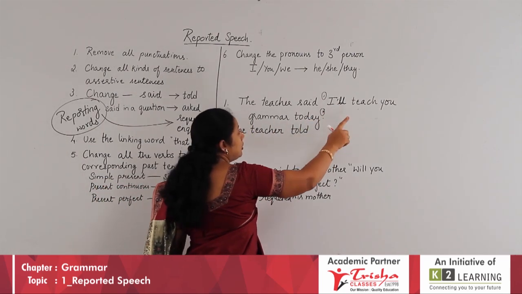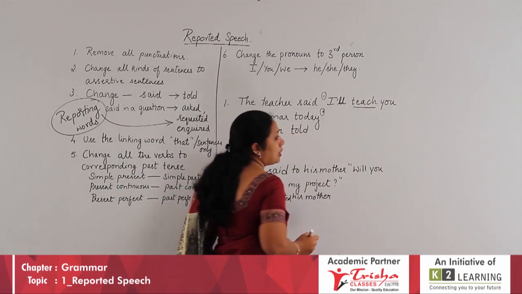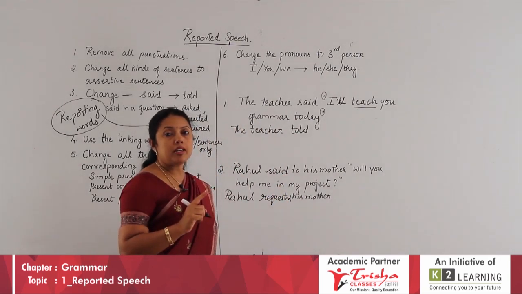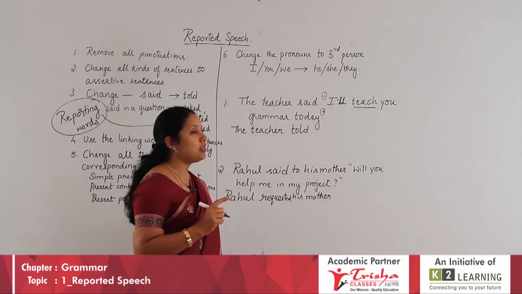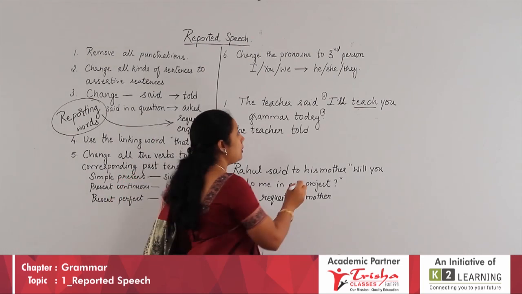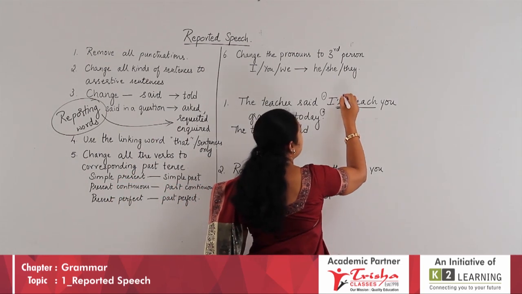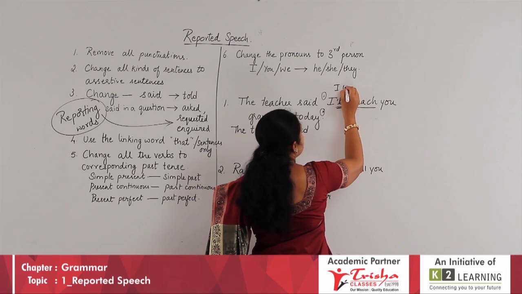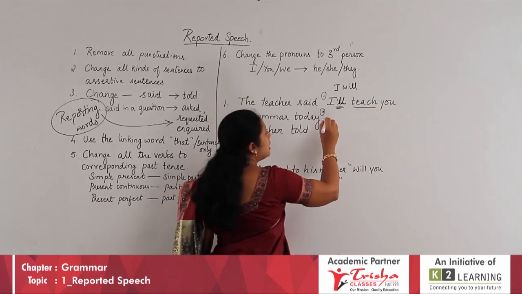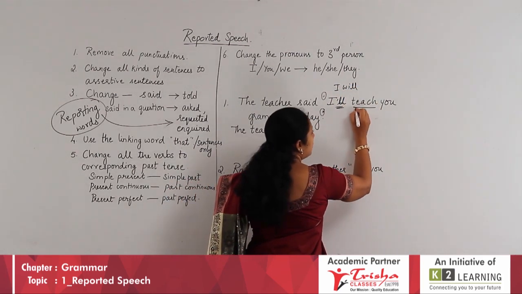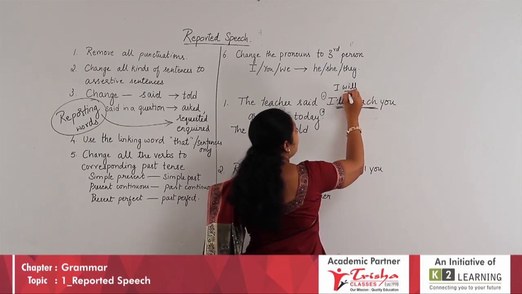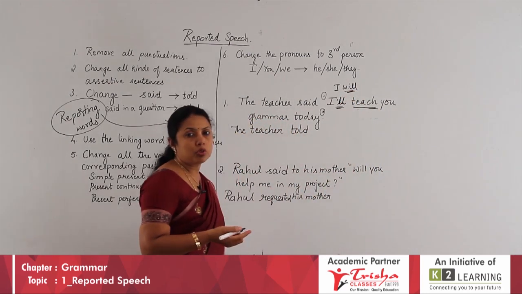Here, the verb is teach, but the verb here depends on the auxiliary verb will, which is hidden. Okay, so it is I will teach you. The verb teach depends on will. So that is talking about the future tense.